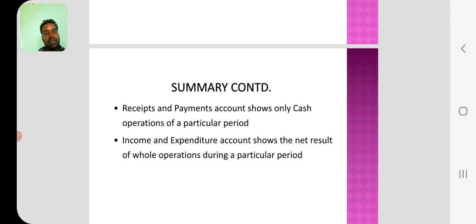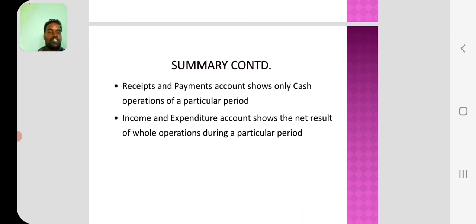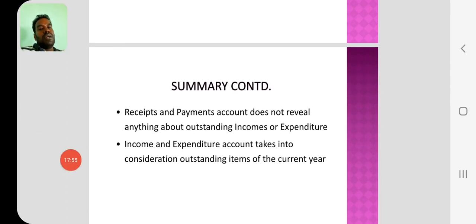Receipts and payments account shows only cash operations of a particular period, only cash transactions. Income and expenditure account shows the net results of the whole operations for a particular period. Receipts and payments account does not reveal anything about outstanding incomes or expenditure.